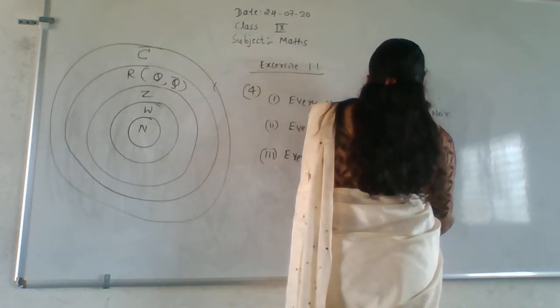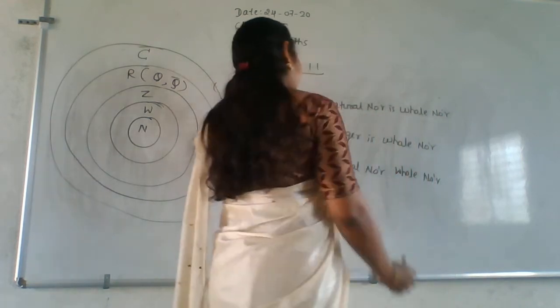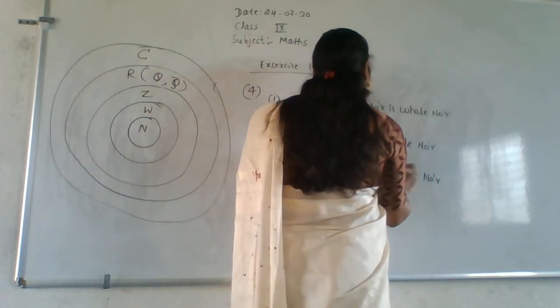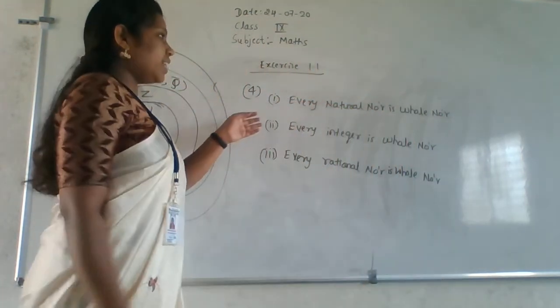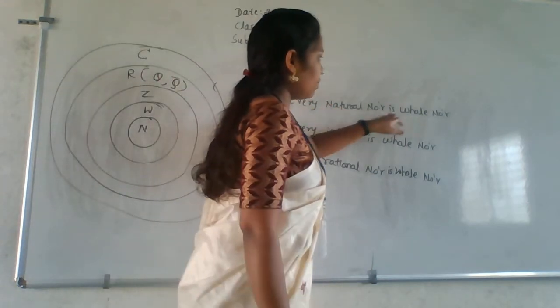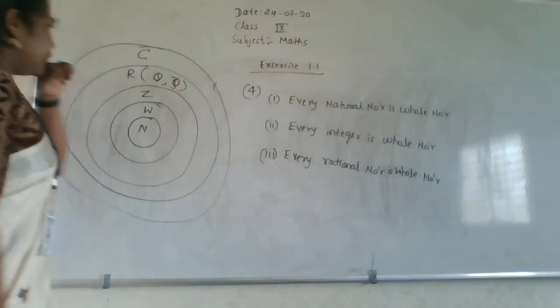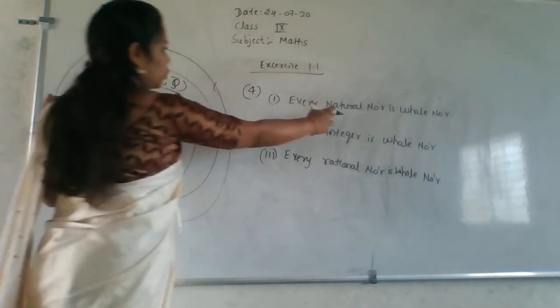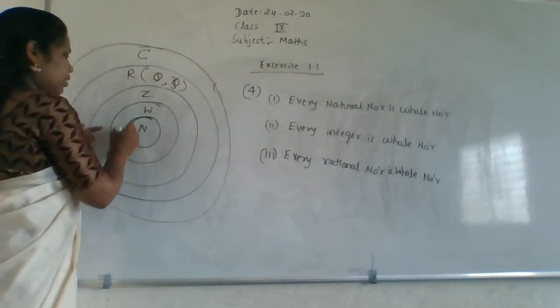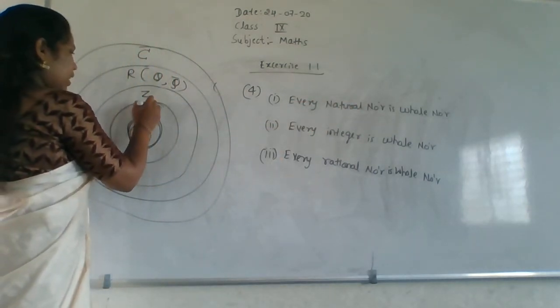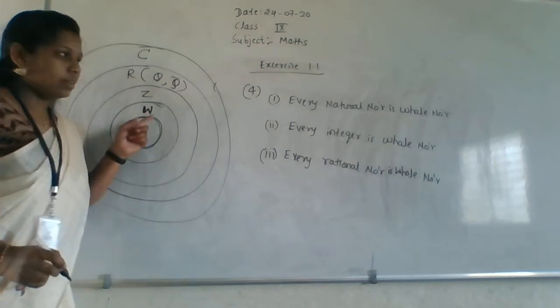I'll explain using the diagram. First statement: every natural number is a whole number. This is the natural number circle. After that we have the whole numbers.